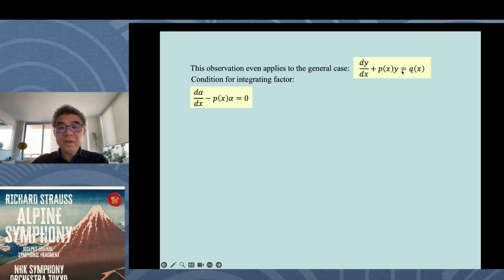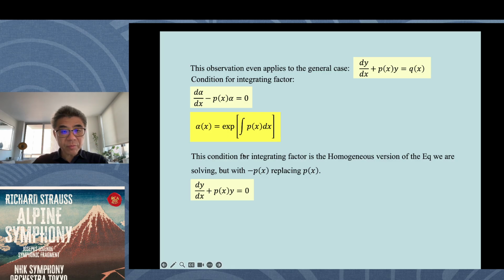Remember, when we solve the general linear ordinary equation, ODE, the condition for the integrating factor is like this, and the solution for alpha is like this. But if you observe carefully, this condition is actually the homogeneous version with minus p replacing p.